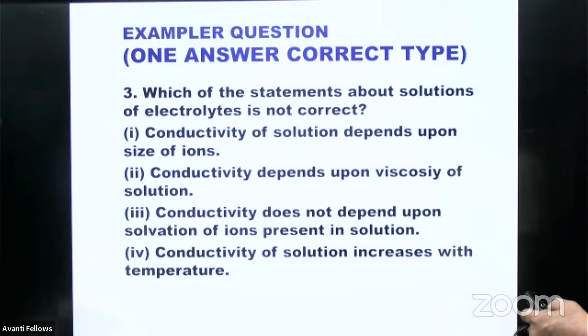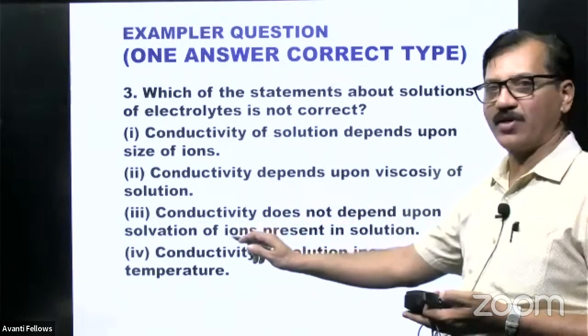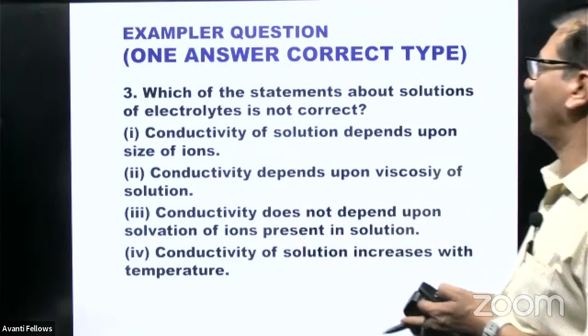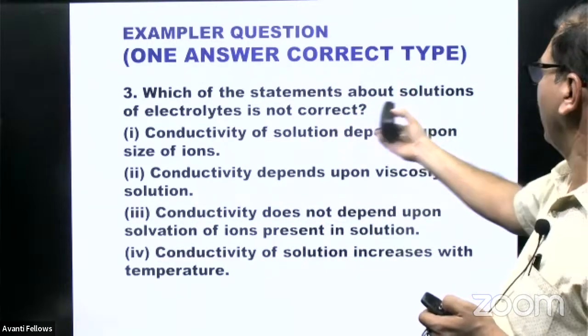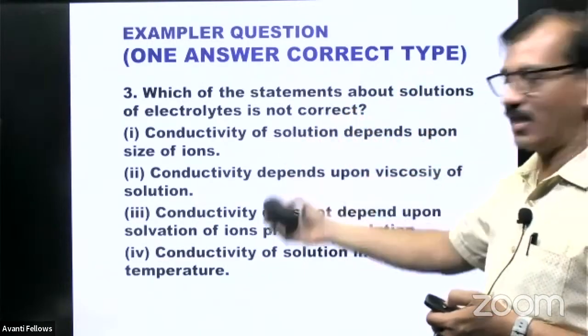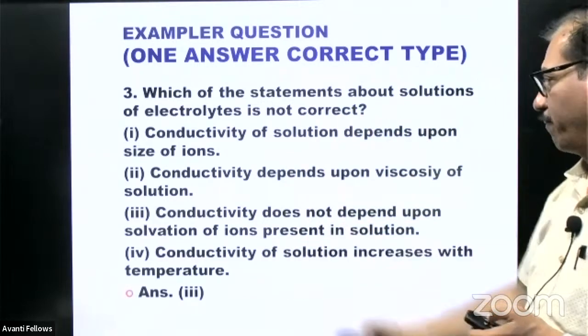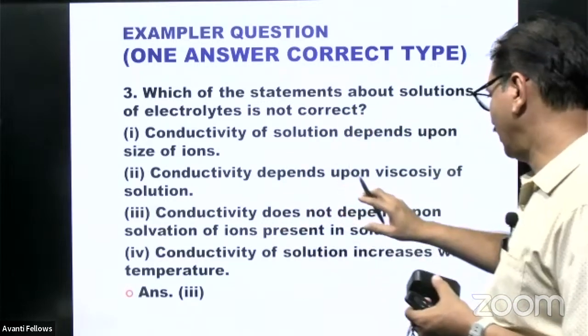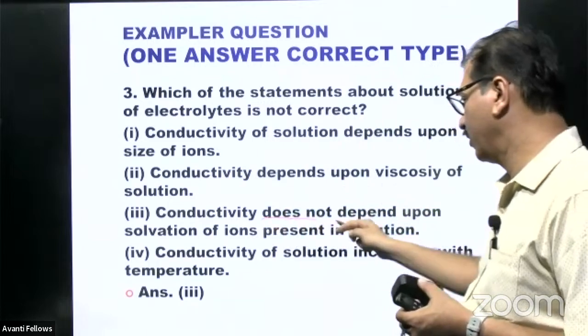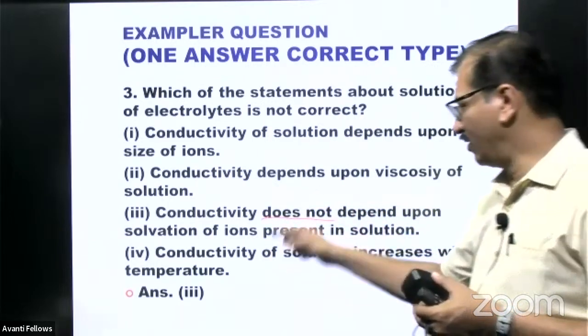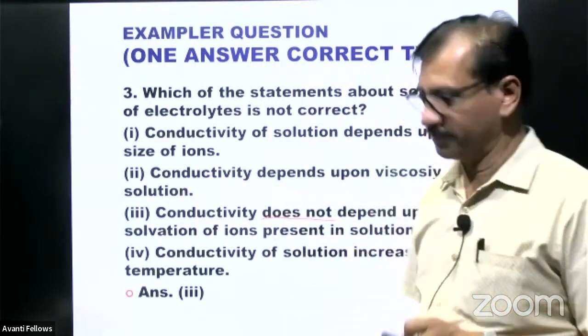Conductivity of solution increases with temperature. So it does depend upon solvation, right? So the one saying it does not depend is the incorrect statement. Therefore, the answer is 3.